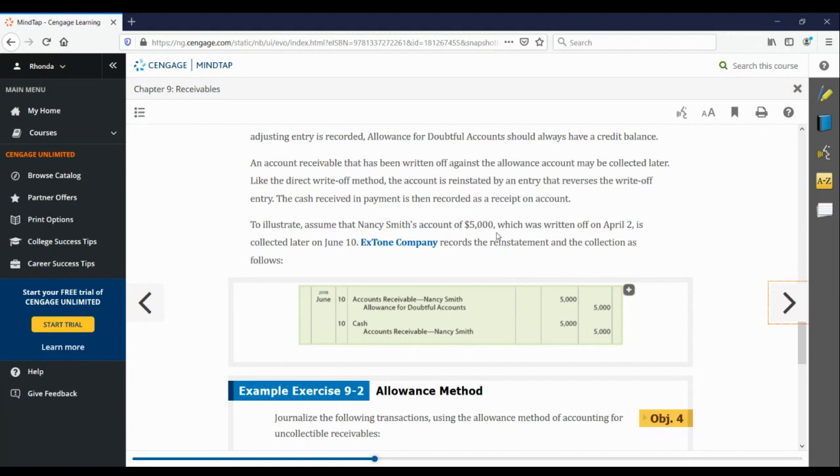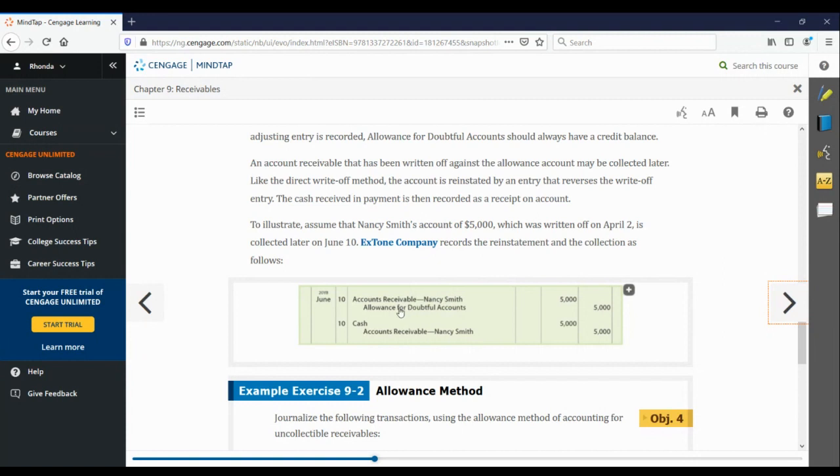When we are receiving payment from that account that we have originally written off, we've got to reinstate the account. In other words, we reverse out the write-off entry.